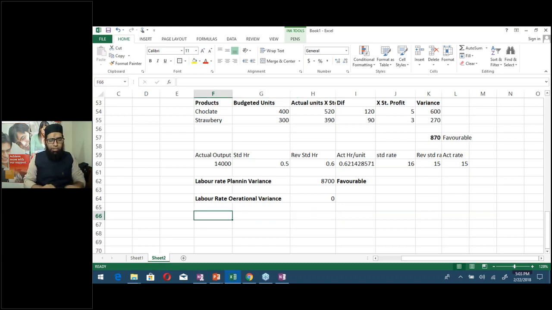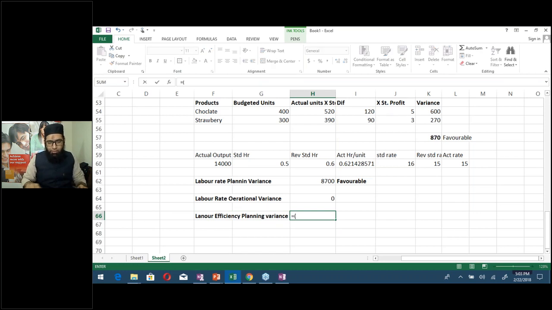Similarly, we can calculate the labor efficiency planning variance. And this can be done by actual output into standard hours minus actual output into, sorry, I've put it wrong.